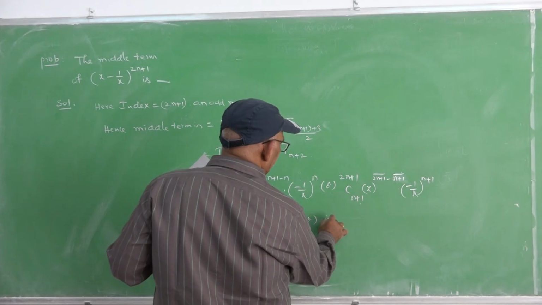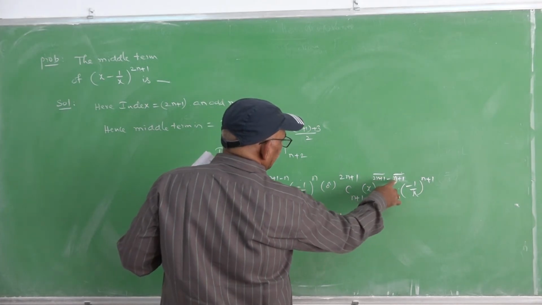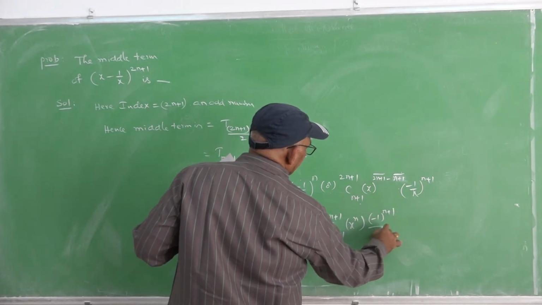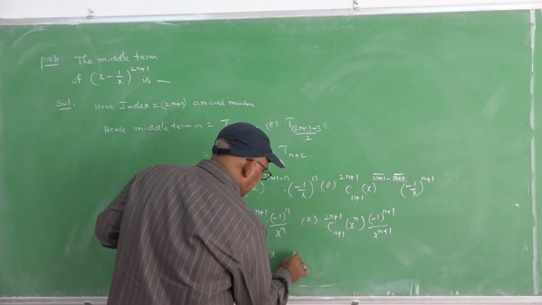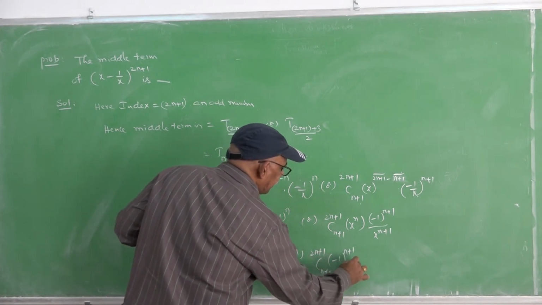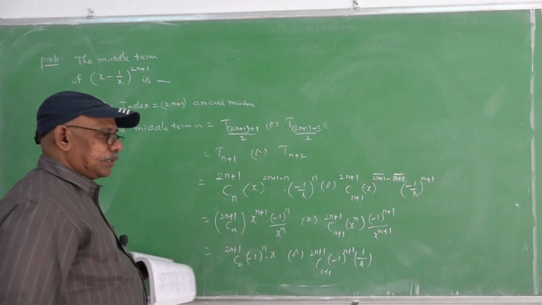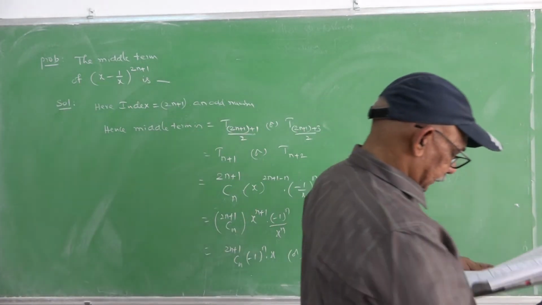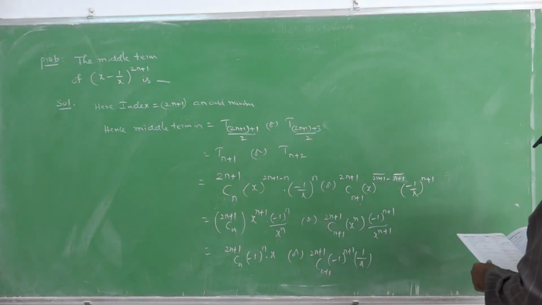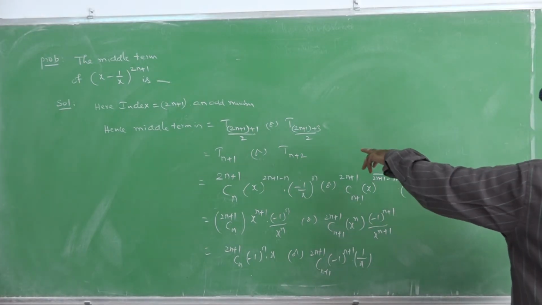Calculating this, 2n plus 1 c n plus 1, this is x power n into minus 1 whole power n plus 1 by x power n plus 1. Or 2n plus 1 c n plus 1 minus 1 whole power n plus 1 into 1 by x. Either this or this, any one you can write. Once the index is odd, we get two middle terms, either that one or this one.